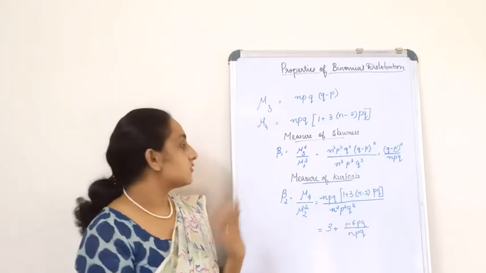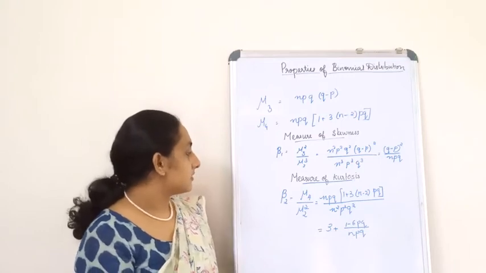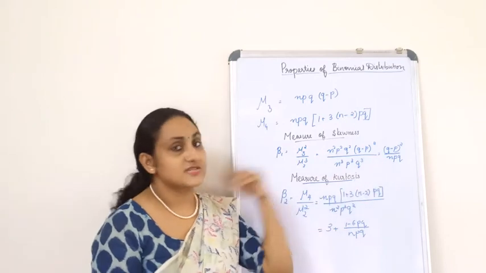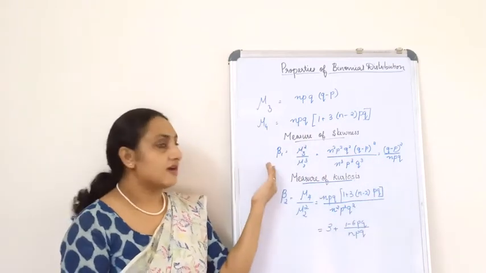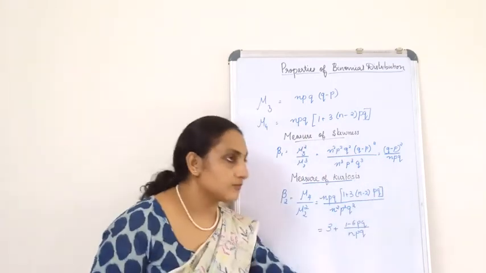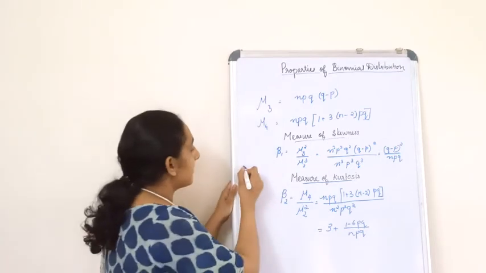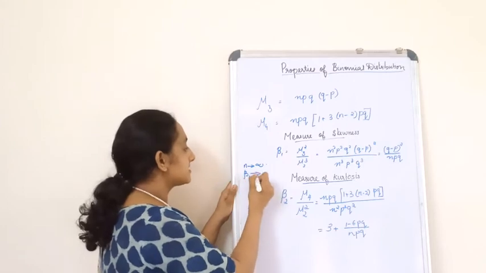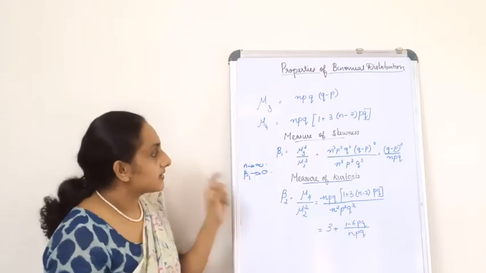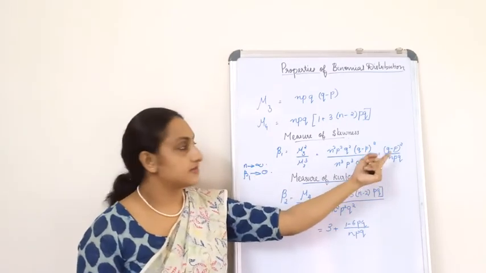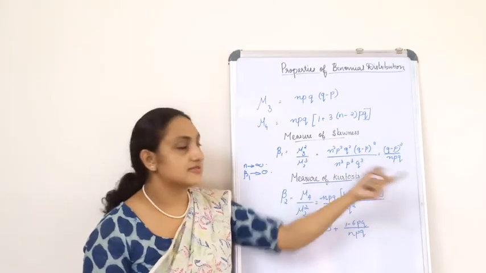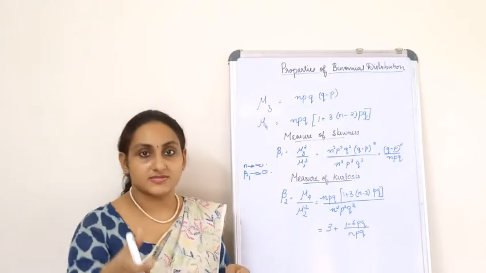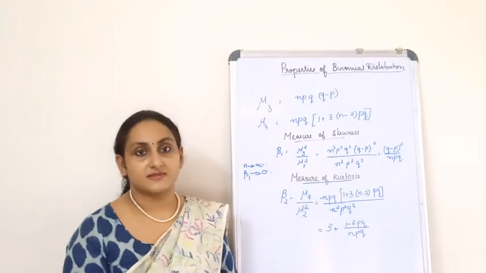Okay, now here, in the case of beta 1, when n tends to infinity, beta 1 tends to 0. Because here the denominator is n and there is no other value over here, so when this tends to infinity, the whole thing will go towards 0, and hence beta 1 will be 0.